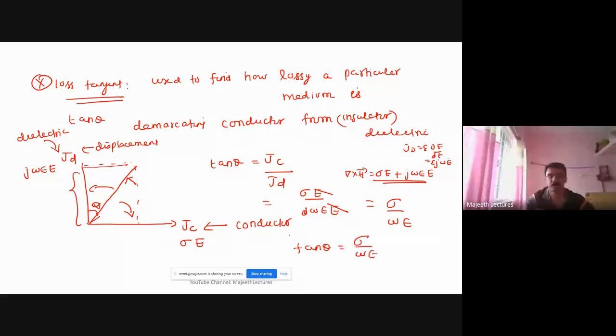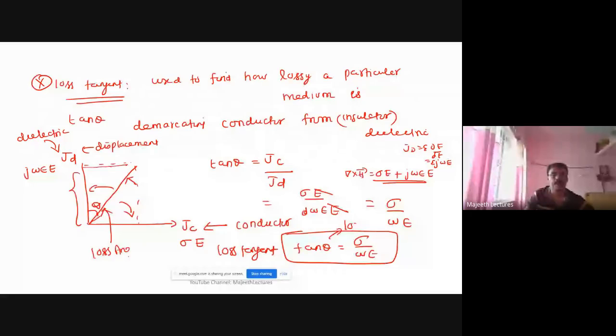This is what is called loss tangent. Fine. So this angle theta, I call the loss angle.